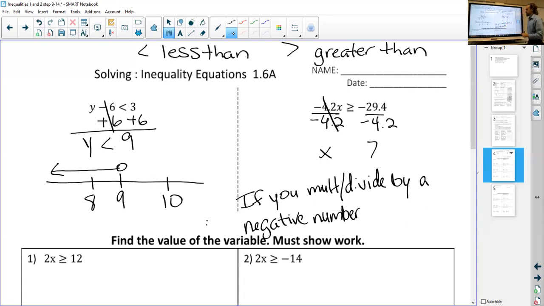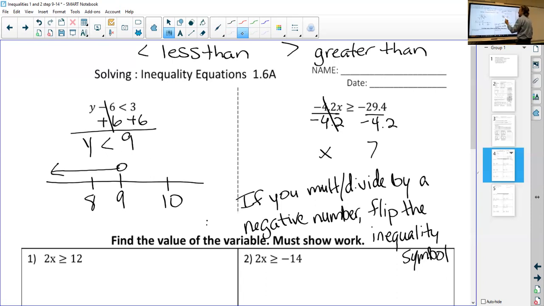And we can get more technical with this later, but for right now, what we're doing, if you have to multiply or divide by a negative number, you're going to flip the inequality symbol. So when we divide this by -4.2, we go from being greater than or equal to actually being less than or equal to. And then this becomes our answer.